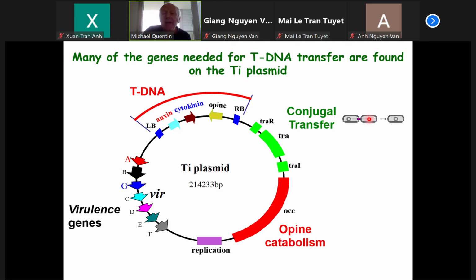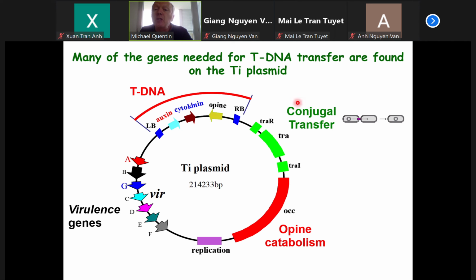Okay? It explains that if you grow together virulent agrobacteria with avirulent agrobacteria, the avirulent agrobacteria will be able to acquire the Ti plasmid and become virulent.